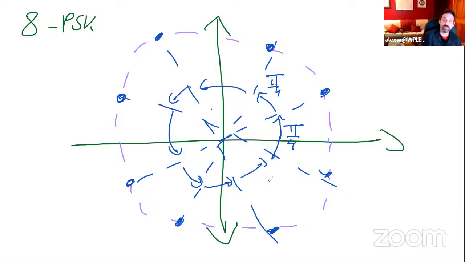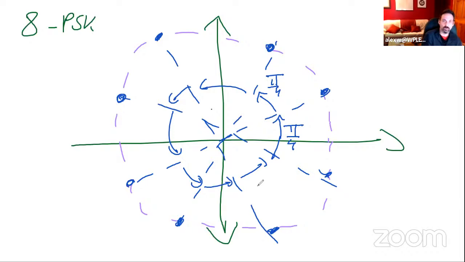And again, I'm engineering this to be evenly spaced because I want them to be as distinct as possible from each other. Because as you'll find out in a more advanced course in digital communications, what we're trying to do is avoid any sort of low-hanging fruit in terms of an error situation.